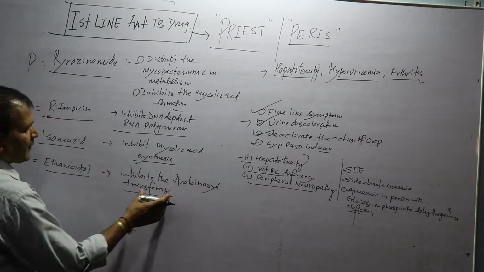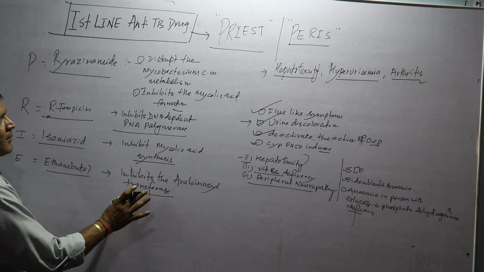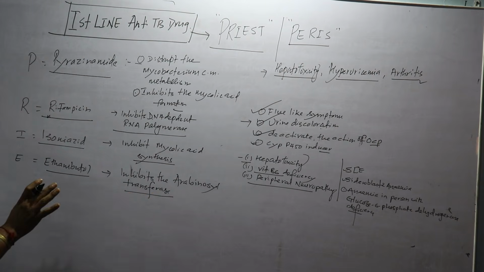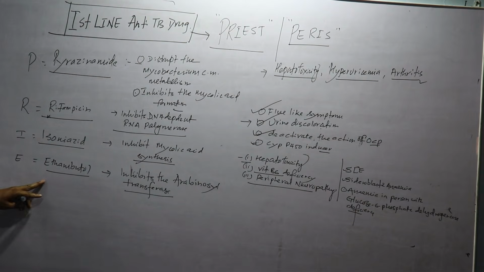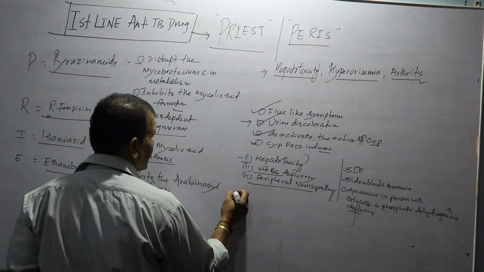Once this enzyme is deactivated, the arabinogalactan layer, an essential component of MTB, cannot be synthesized.